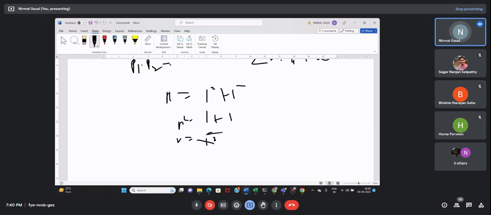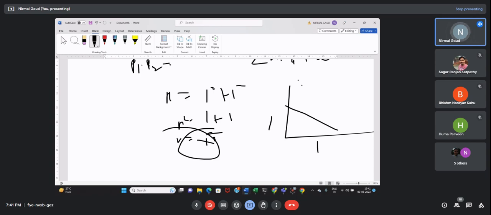Something like a radius term. They assume that where the circle is present, something like a unit distance. So that's why they are assuming the radius to be something like root 2. For example, this is a unit distance, so this is root 2. That's what they are, I guess, assuming.